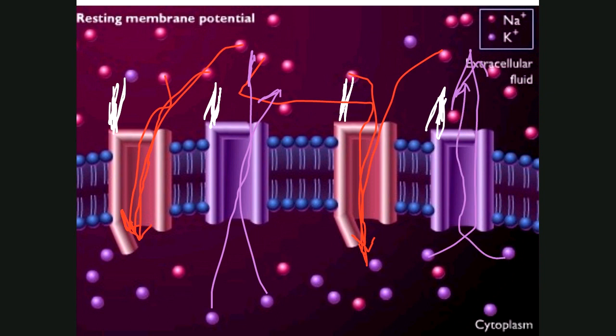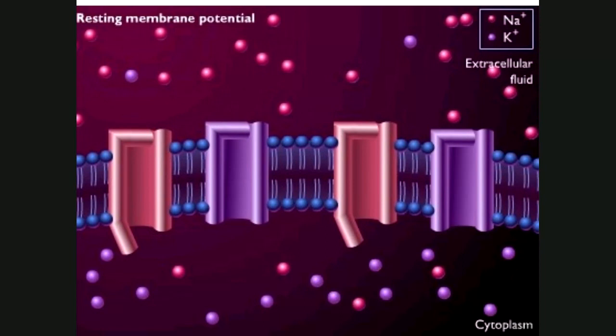And the gradient of one ion has nothing to do with the gradient of the other ion. So the gradient for sodium is from outside to inside. Look, it's from extracellular into the cytoplasm, outside to inside.